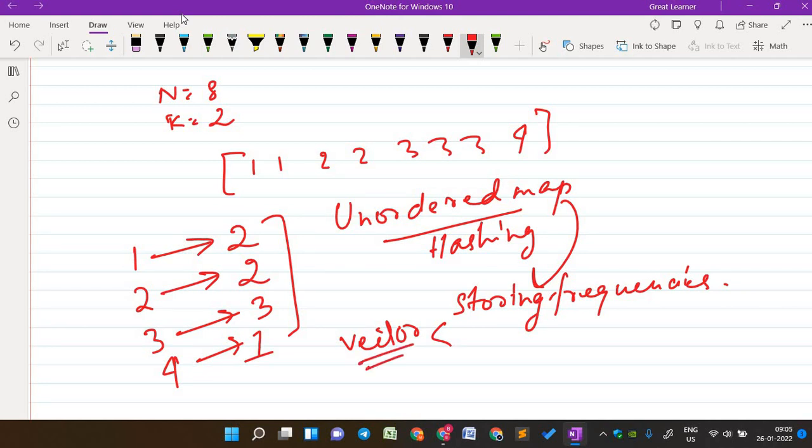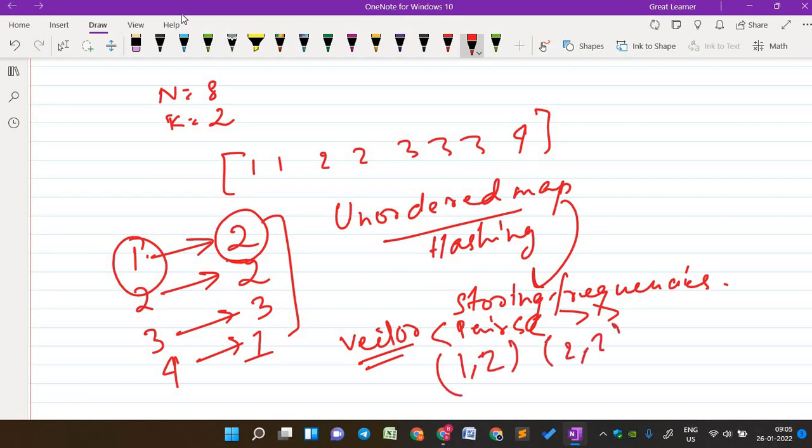We are using a vector of pairs, storing the value and its frequency. So for 1 there is frequency 2, for 2 also frequency 2, for 3 frequency 3, and for 4 frequency 1 again.